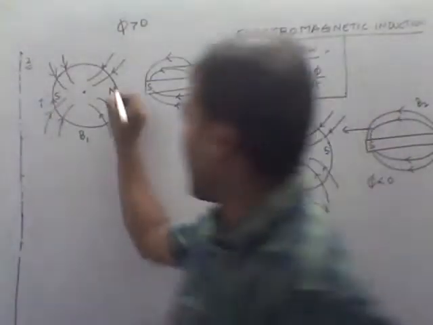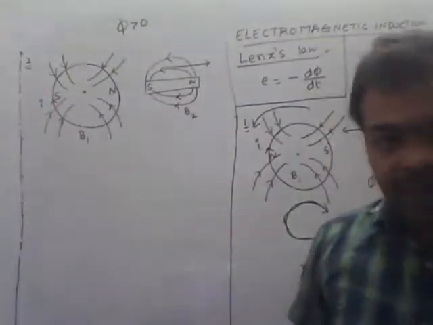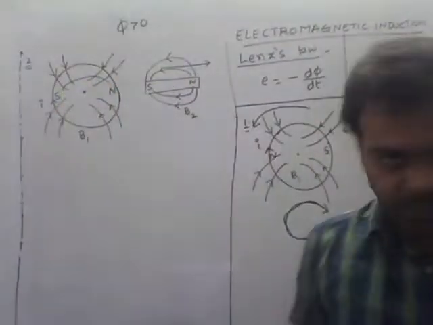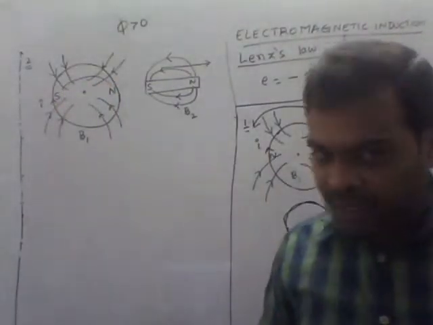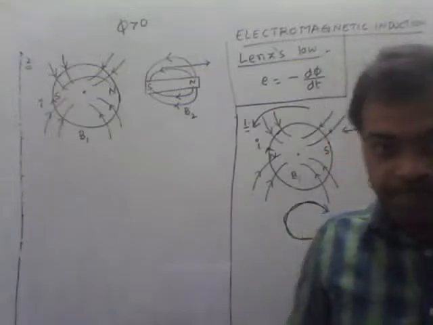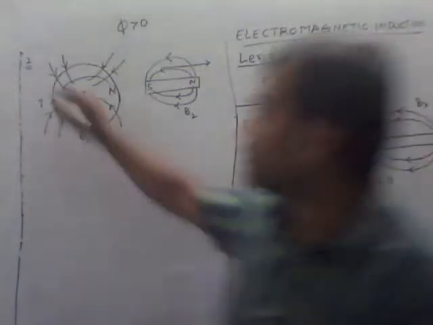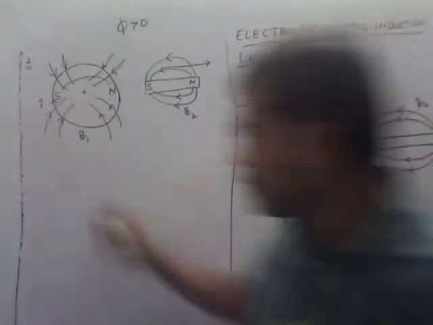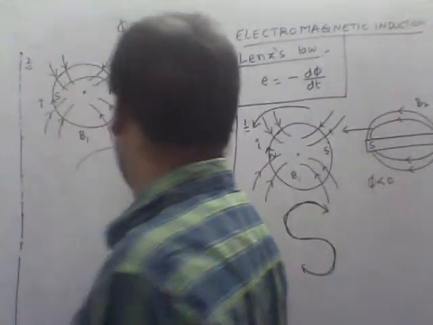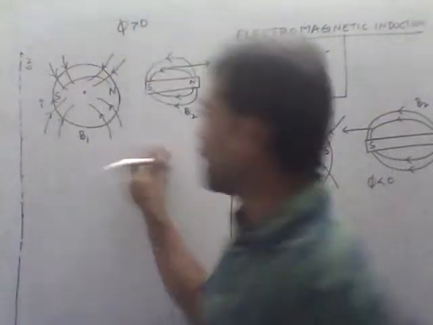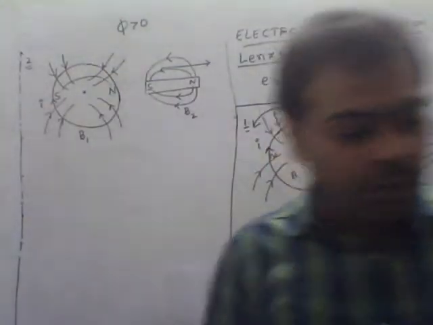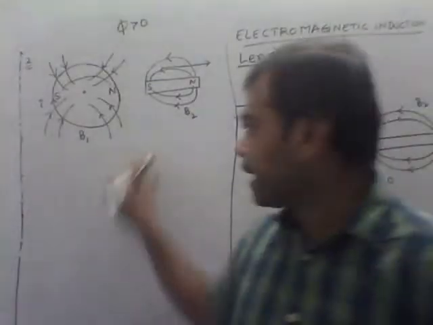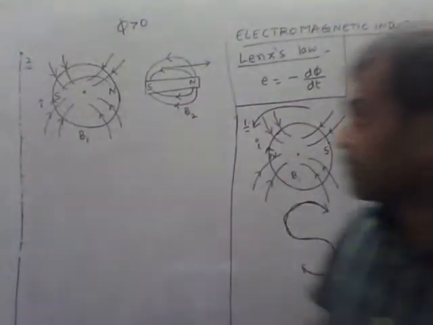So a magnetic field will be produced from north pole to south pole. So the induced current will move in the anti-clockwise direction, like this. Sorry, the induced current will move in the clockwise direction.